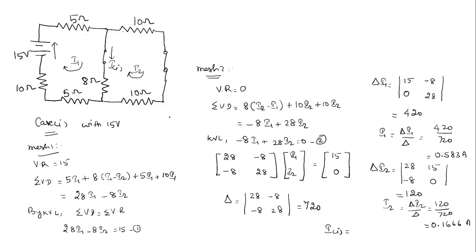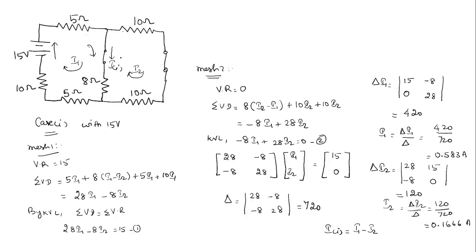Okay. So now we have to find out current in case 1. Now we have assumed the current I suffix 1 in the downward direction. We have already discussed that this 8 ohms resistor is lying in between mesh 1 and mesh 2. So the current can be either I1 minus I2 or I2 minus I1. Since I1 is in the same direction as that of I suffix 1, we have to write this as I1 minus I2 only.